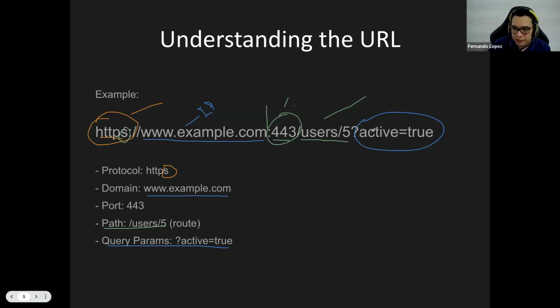So for example, in this case, we're trying to get the user number 5, and we are adding a filter to identify if the user is active. If the user is not active, this is going to return an empty array or an empty object. But if the user is active, it's going to return just one user. So this is how we understand the URL, guys.